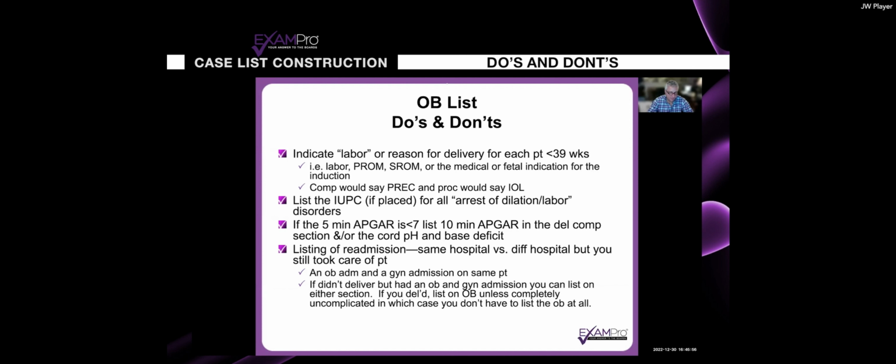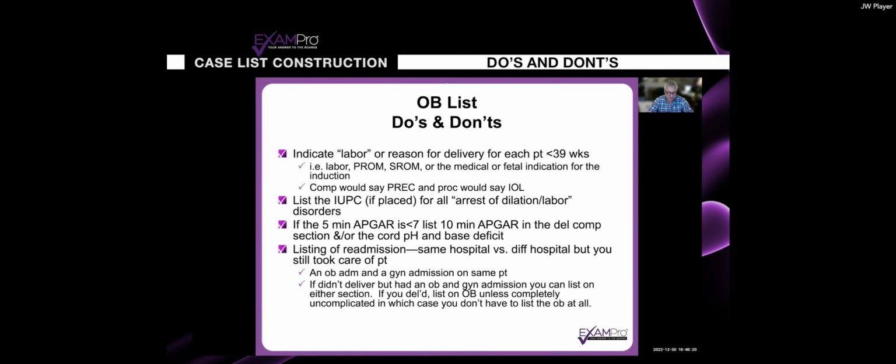So you could put her on the GYN list. But if she needs to be listed on the OB, because let's say she was preeclamptic or hypertensive or before 39 weeks, whatever, that's where you would list her, and you'd want to put the GYN admission on the OB list as well. Again, if you didn't deliver but had the OB or GYN admission, you can list her on either section.